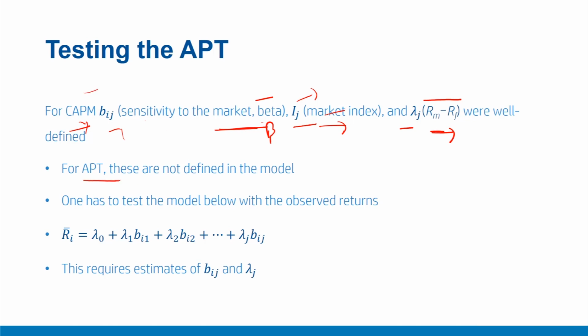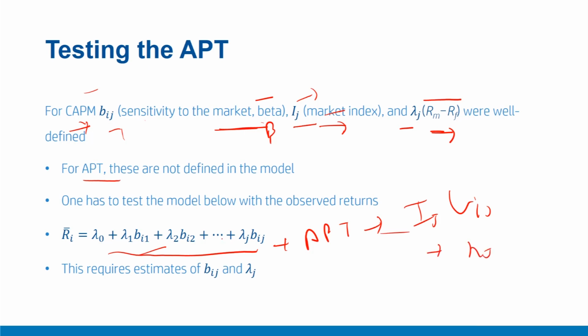However, for APT, these are not well defined in the model, and one has to test the model to establish APT. In order to test this model, you need these Ijs and Bijs. Once you have Ijs and Bijs, only then can you obtain lambda j's. So testing this APT model requires estimates of Bij and lambda j, which essentially also requires inputs of Ijs.